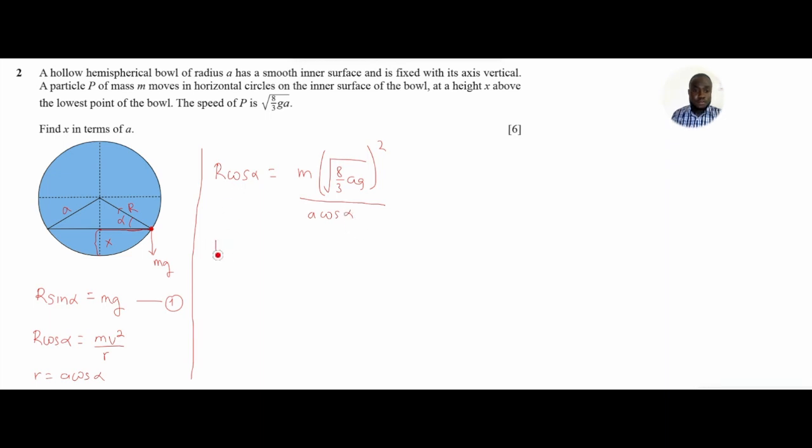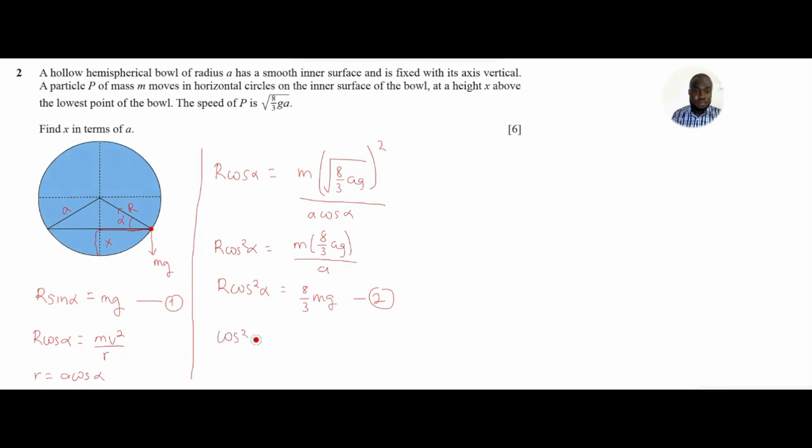Multiplying 3 by cos alpha, we have this, and dividing 3 by a, we have this. Now let's call this 2. Now solving 1 and 2 simultaneously, I'd like to divide 2 by 1 and have this.